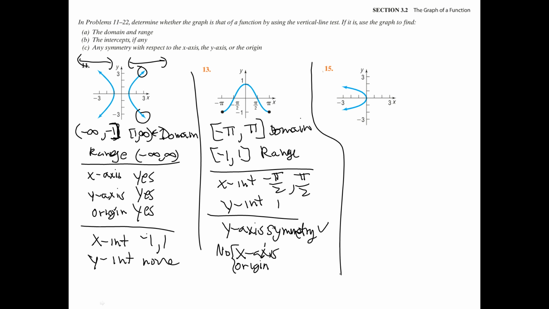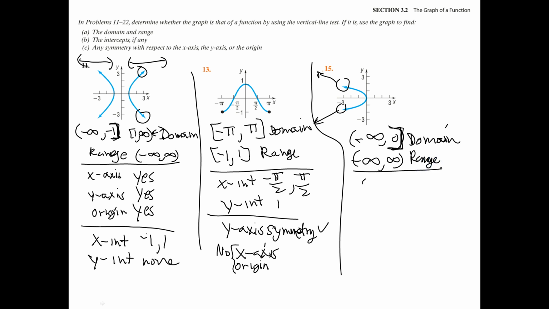Okay, then we have 15. The domain would be -infinity up to 0, including 0. And the range would be -infinity to infinity. The indication of this arrow means it would continue to go down and continue to go up. Intercepts, the origin is the X and Y intercept.